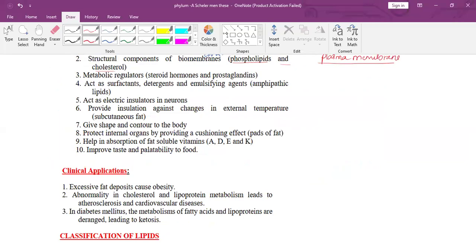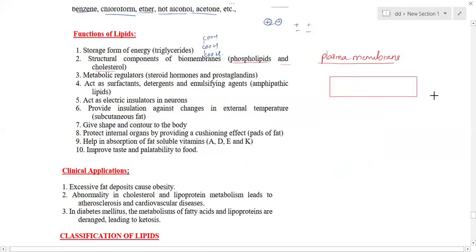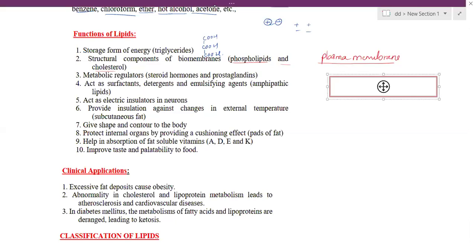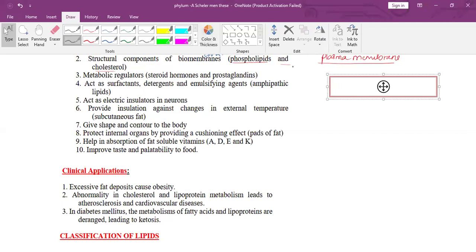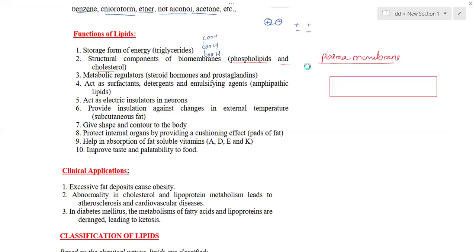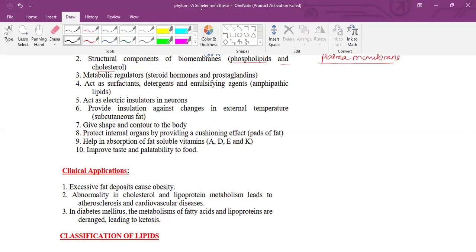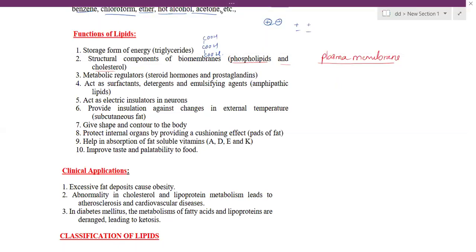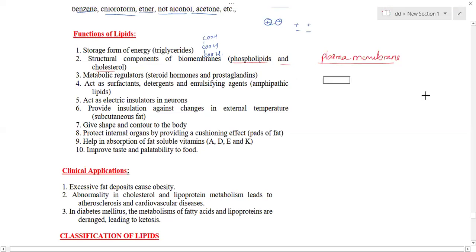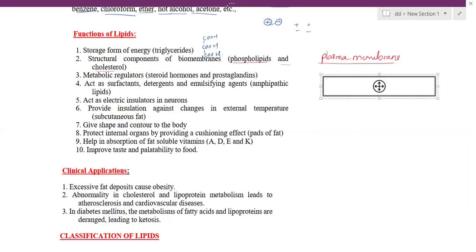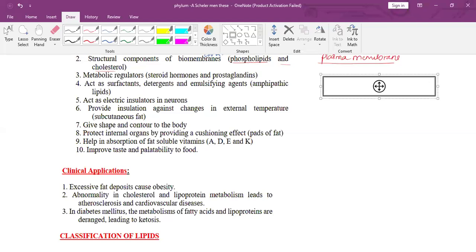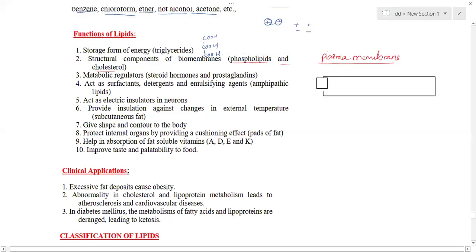So let me write here. I'll show you how this plasma membrane looks. You all studied the cell, the unit of life, right?